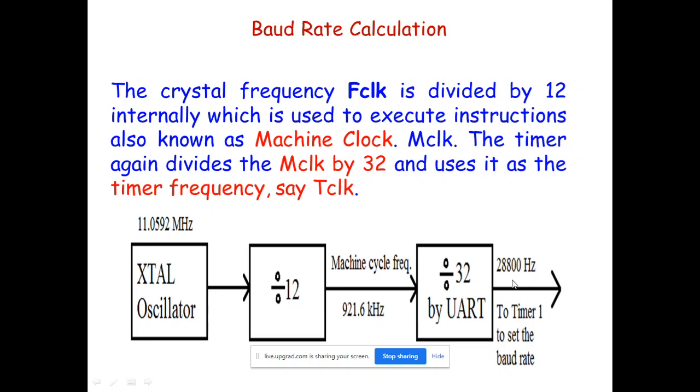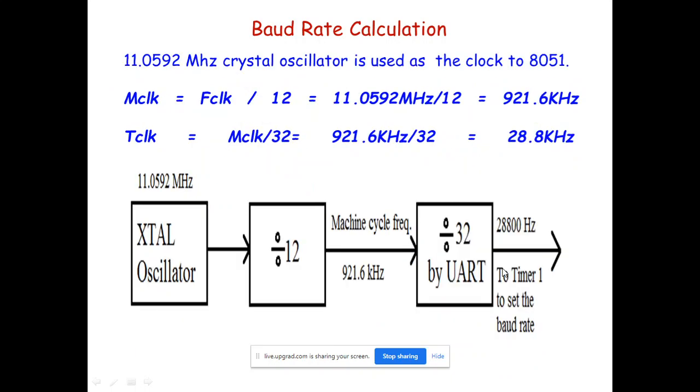Now this is the clock for Timer 1 to set the baud rate. But I don't want this baud rate, I want another baud rate. In that case, again I do that calculation. Do all of you agree with this concept?